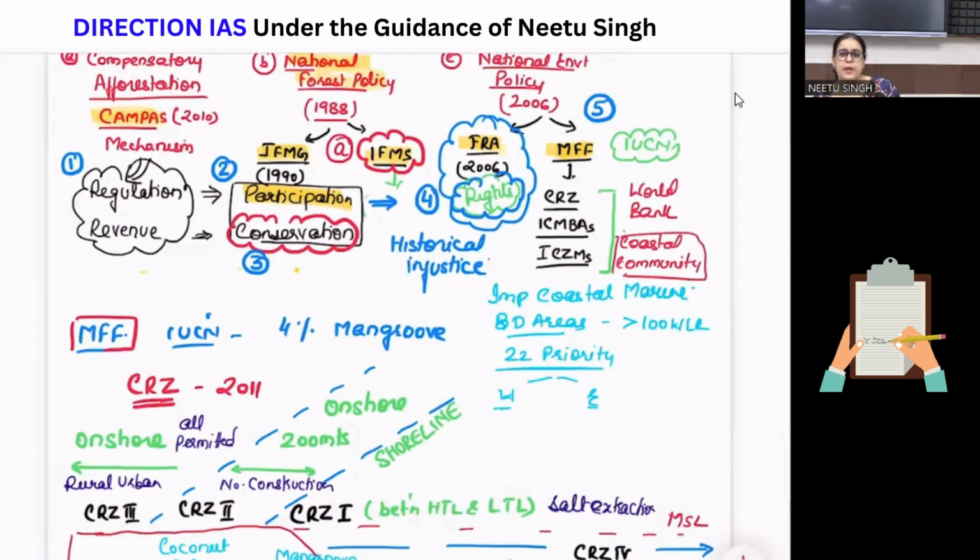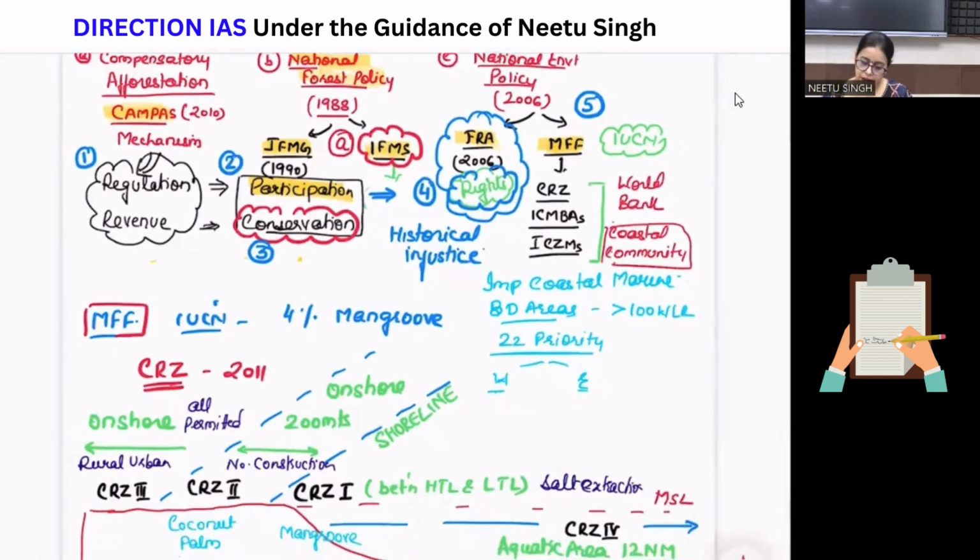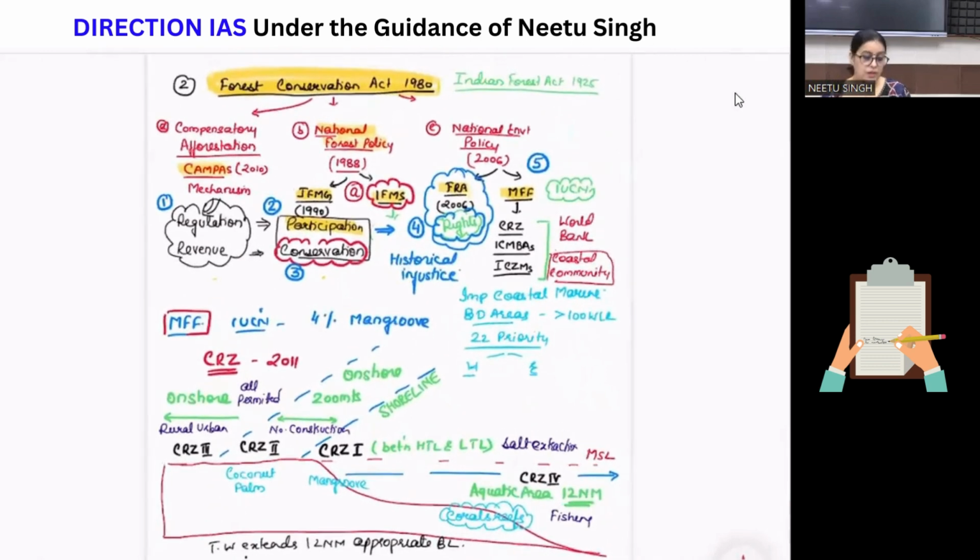So if I am mobilizing a particular port-led industrial development, engaging coastal community, fishermen, farmers, industrialists, to make sure that the things are controlled in a natural domain, is it not going to help us with mangroves as well?